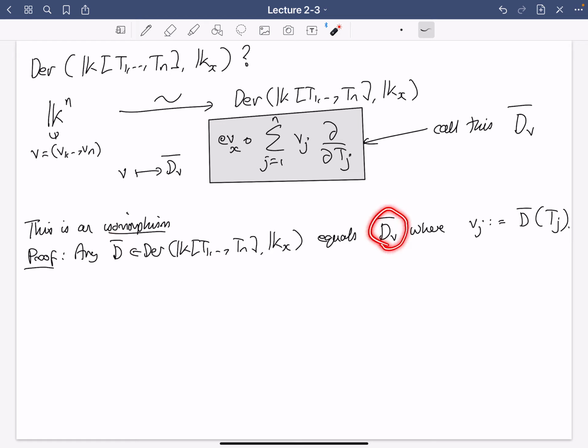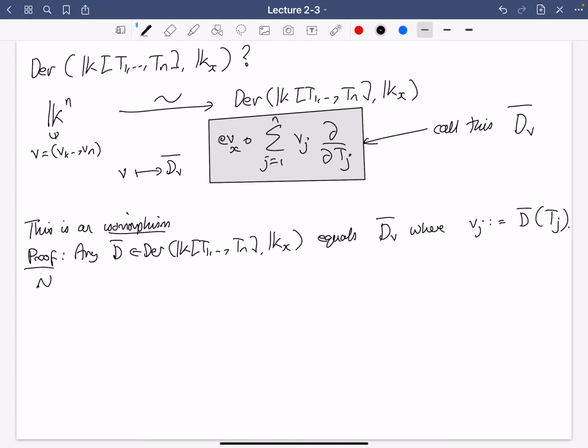And this dv bar, defined from these vj's, has the same value at tj as d bar does by this definition. And so you see that any d bar is equal to a dv bar for the vector v obtained just by evaluating at the polynomial generators.